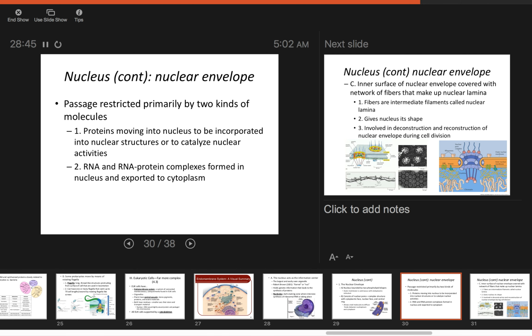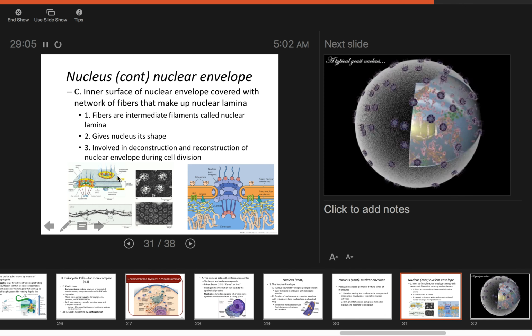Passage is restricted primarily by 2 kinds of molecules, proteins and rRNA and their protein complexes. So proteins that are synthesized near the nucleus can enter or leave, and then we have rRNA that's usually exported to the cytoplasm. Here's the structure of the nuclear pore, and I just love these diagrams here.